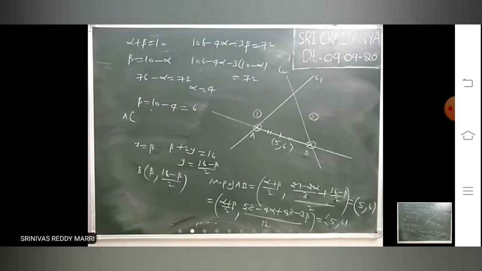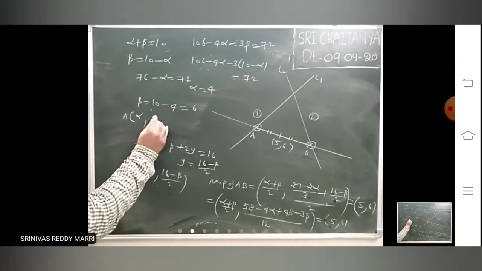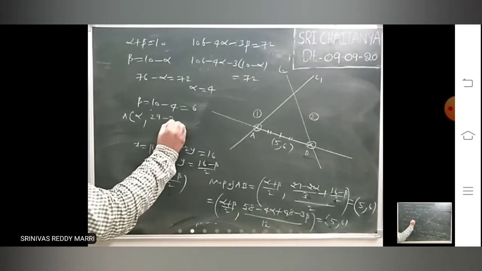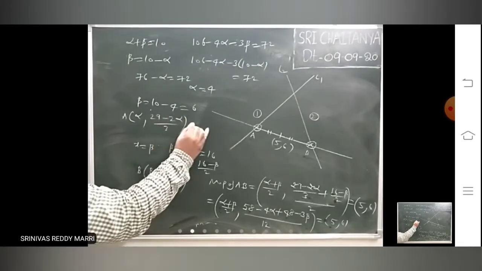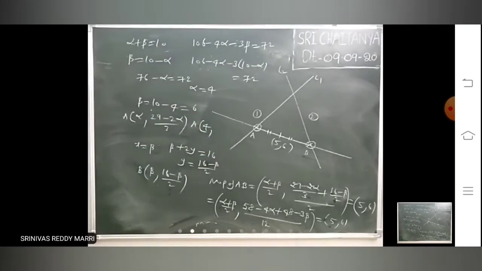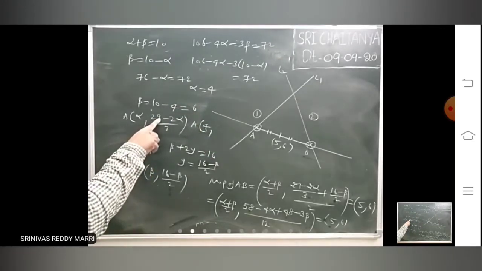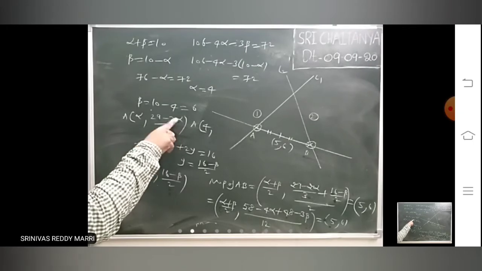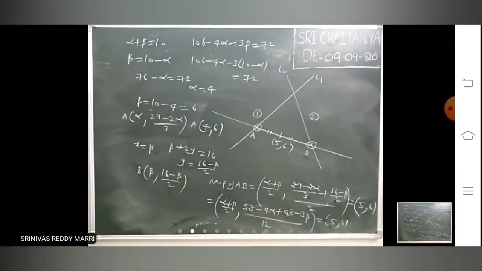A point is nothing but alpha comma 29 minus 2 alpha divided by 3. So A point is alpha is 4 comma, look at here, 29 minus 8, 21 divided by 3. A point is nothing but 4 comma 6.